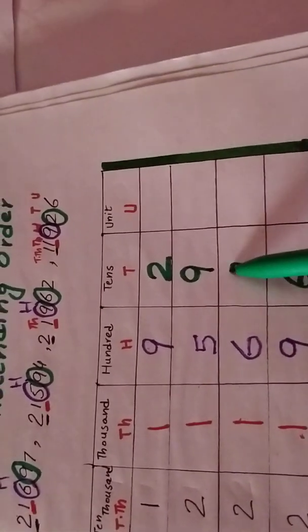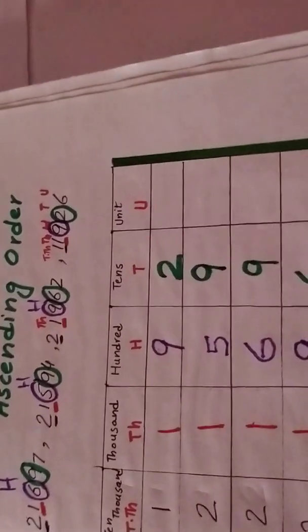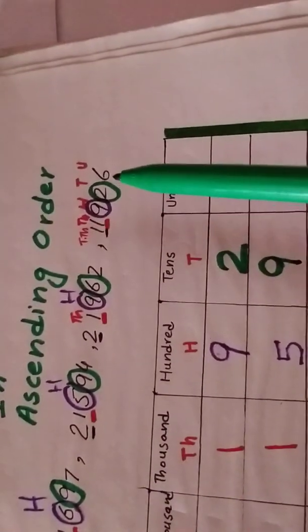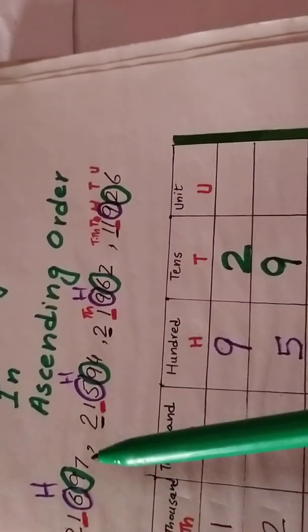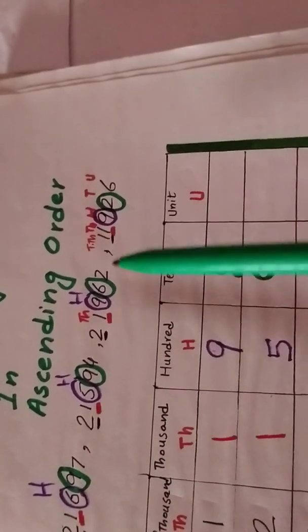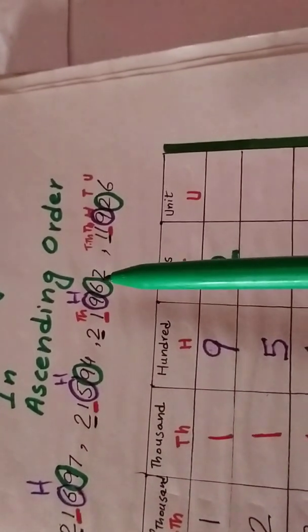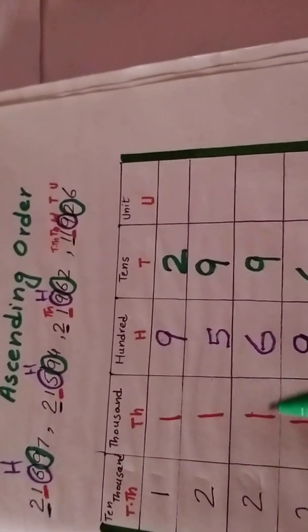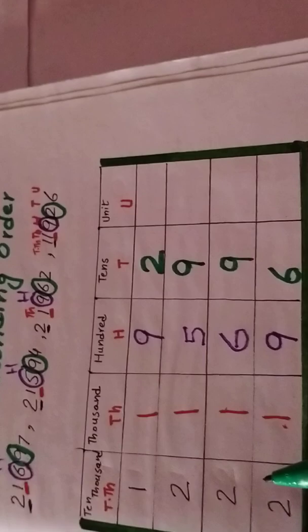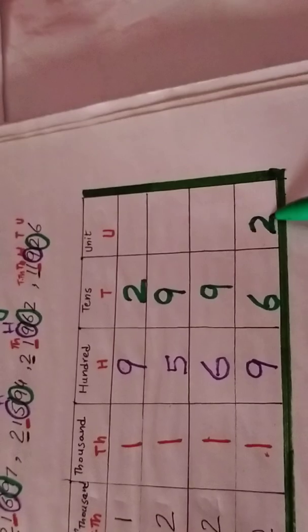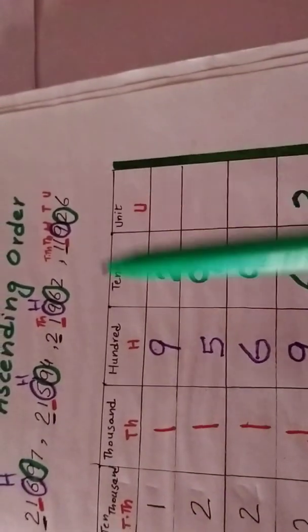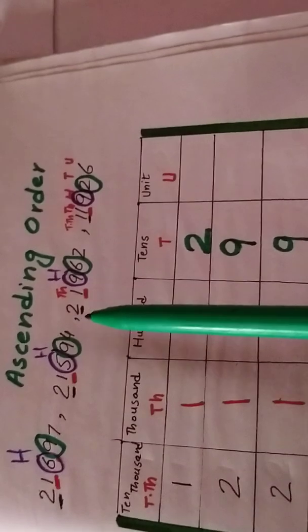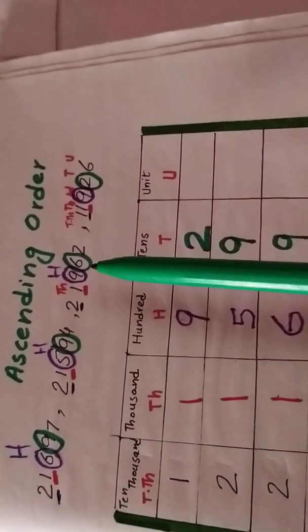Now turn in unit place: 6, 2, 4, 7. In unit place, 2 is the smallest. We write 2 with their family: 21962. 2 is smallest in unit place, 4 is greater than smallest, then 2.